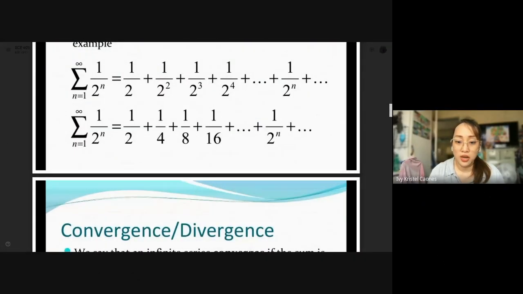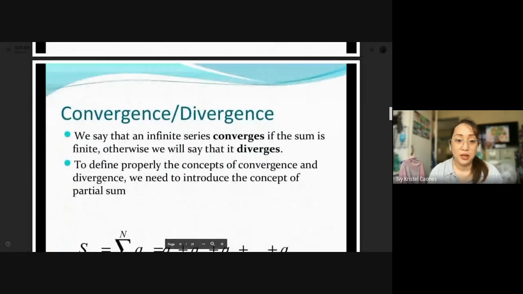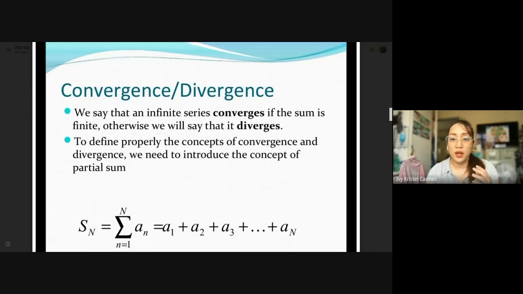So in series ulit, meron tayong tinatawag pa din na convergence and divergence, and their definitions are the same. In a convergent series, it should have a finite sum, or you can determine the sum of those series. Otherwise, kapag wala siyang definite sum, then that is a divergence. Yun yung similarity ng series and sequence.